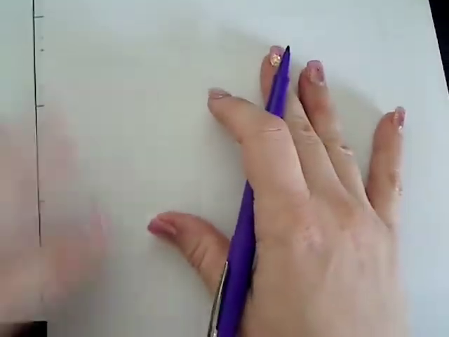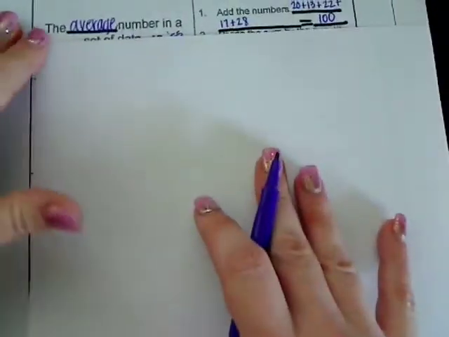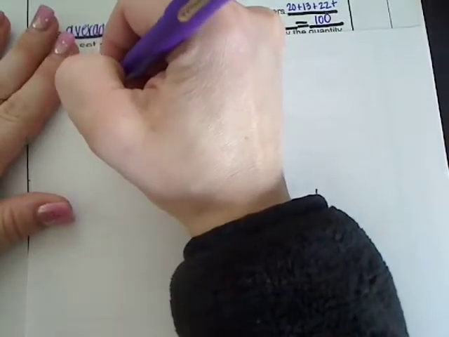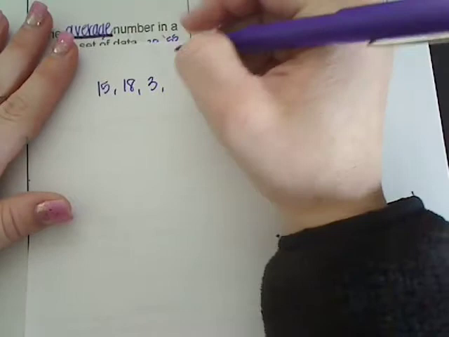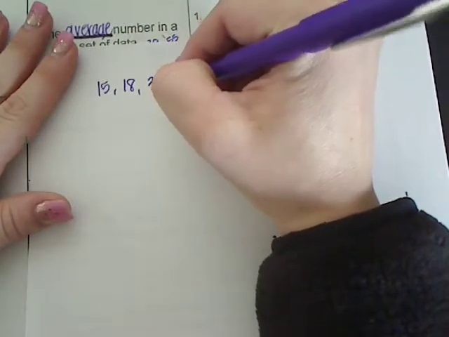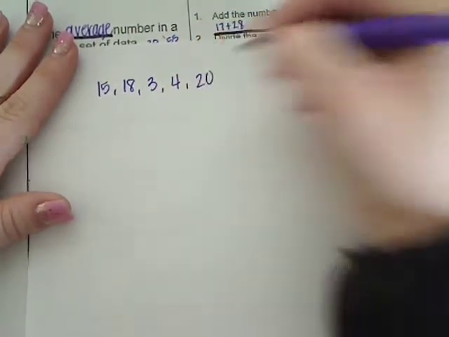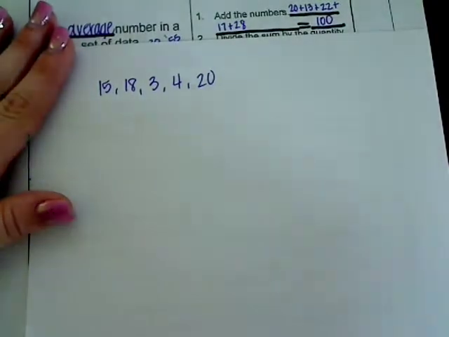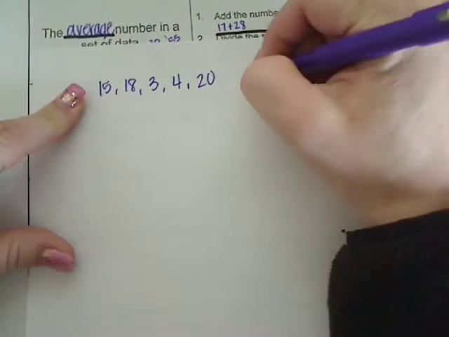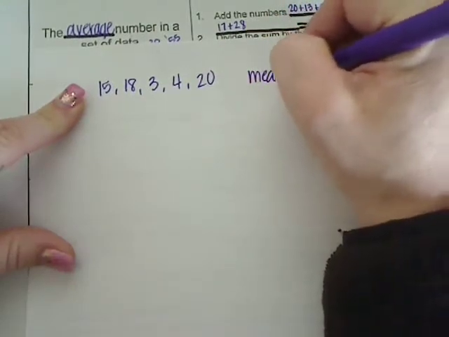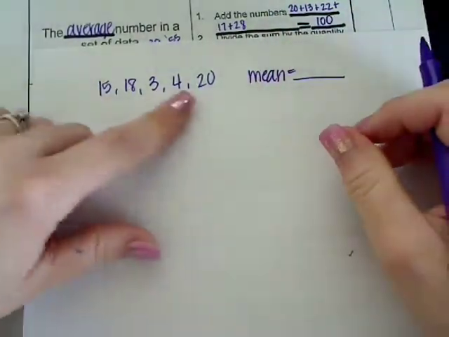Okay, so if I wanted to find the average of, let's say, 15, 18, 3, 4, and 20. Let's find the average of those numbers. Well, the first thing we're going to do, to find the mean of these numbers, is we're going to add them all together.